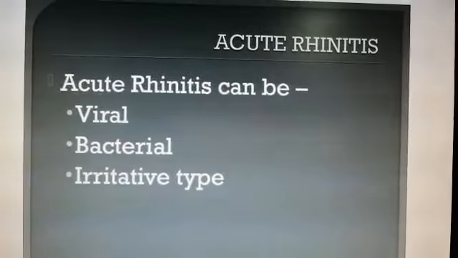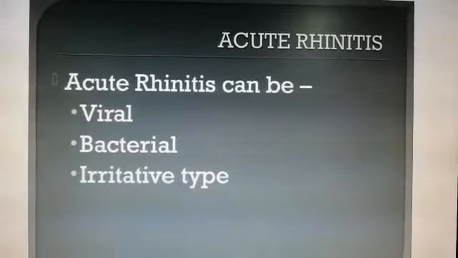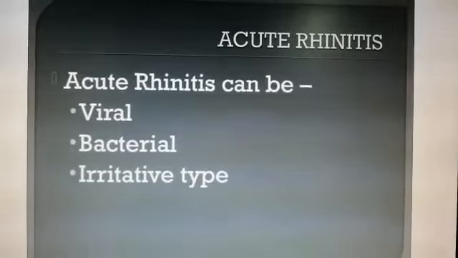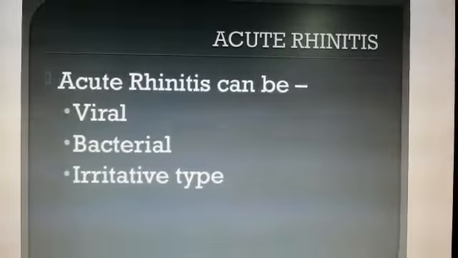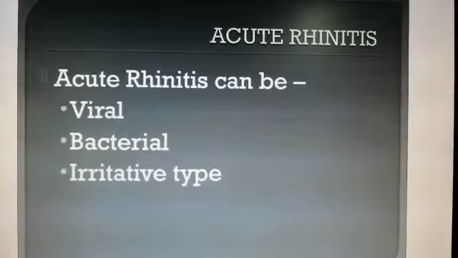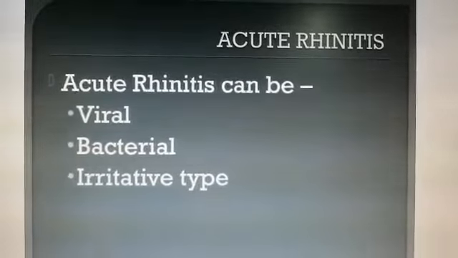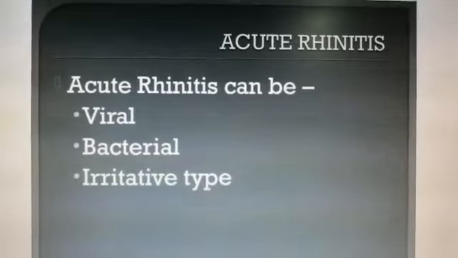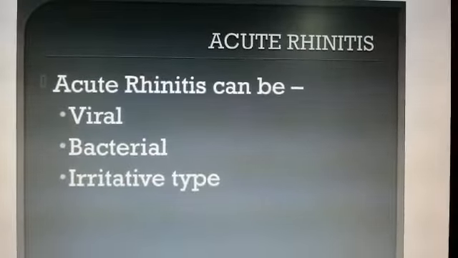I presume that you all know the difference between an acute and a chronic condition. Acute rhinitis specifically is any inflammation or infection that lasts for a few days up to 4 weeks.